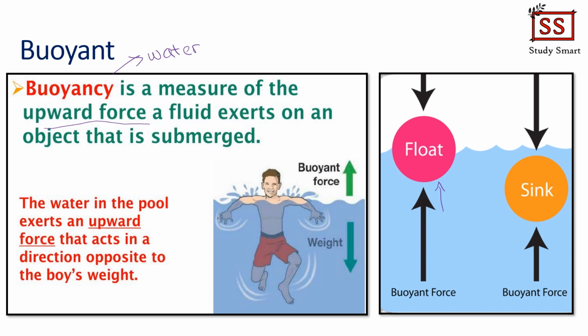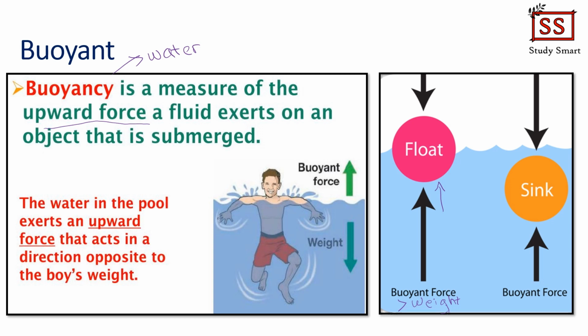It will prevent you from sinking in the water. That is buoyant force. So over here, for the pink color ball, the buoyant force is actually more than the weight of the ball. When the buoyant force is more than the weight of the ball, the ball will be floating on the water.